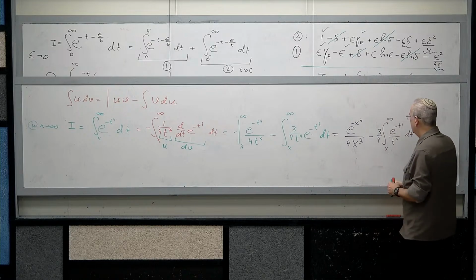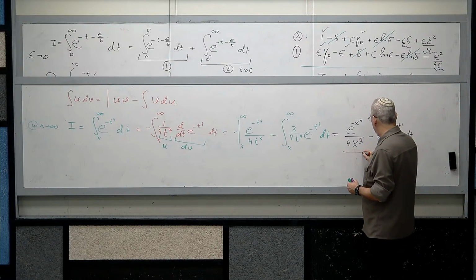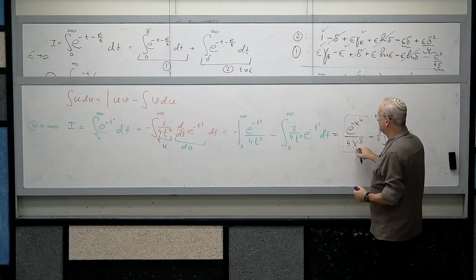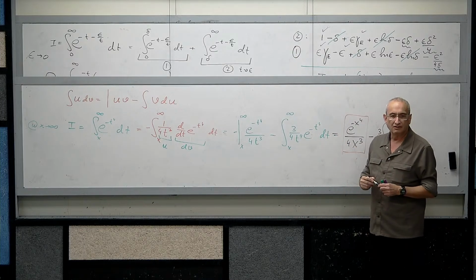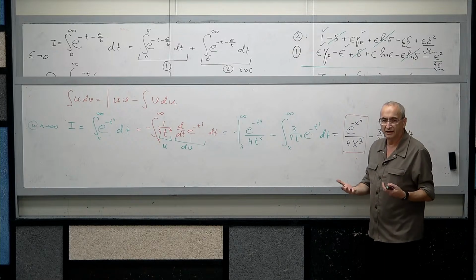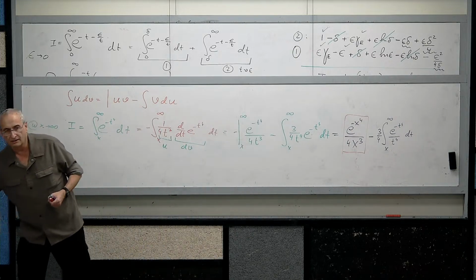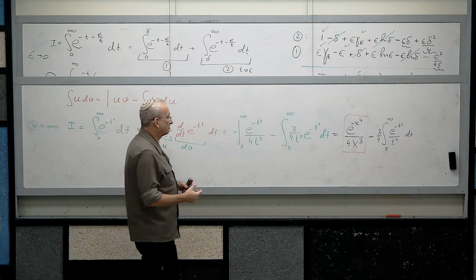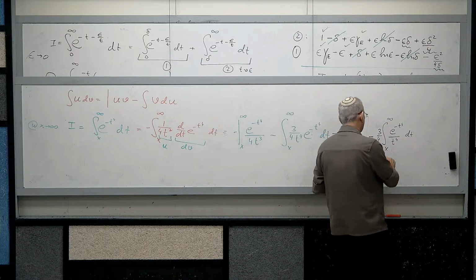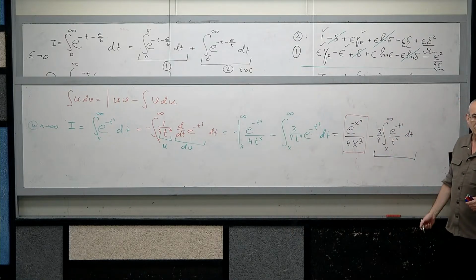Now, I would like to claim that this term is the leading order in the asymptotics of this integral. In order to convince you of my claim, I have to convince you that this term is negligible with respect to this term as x goes to infinity.